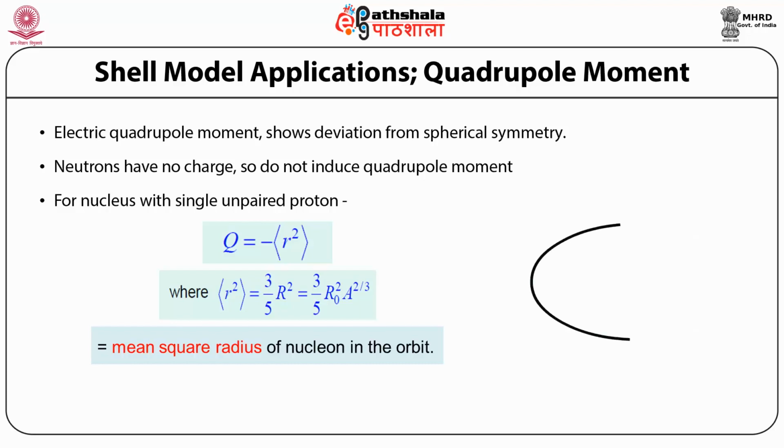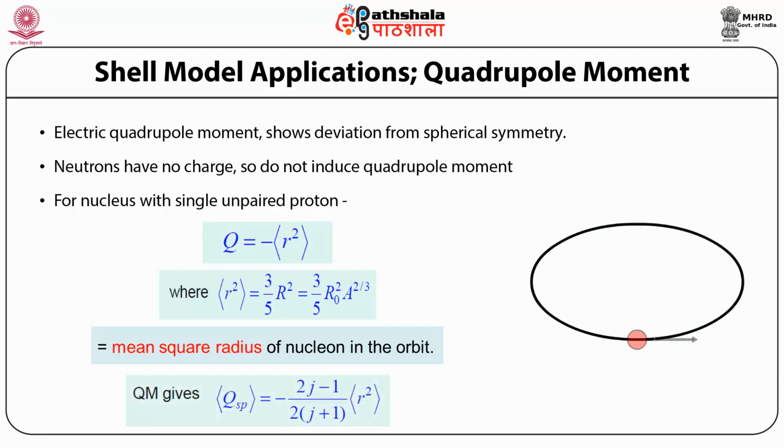This is called the mean square radius of nucleon in the orbit, where R0 is the constant and A is the nuclear mass. So, quantum mechanically the expectation value of quadrupole moment as per the shell model is equal to minus (2j minus 1) over 2 into (j plus 1) into mean square radius.